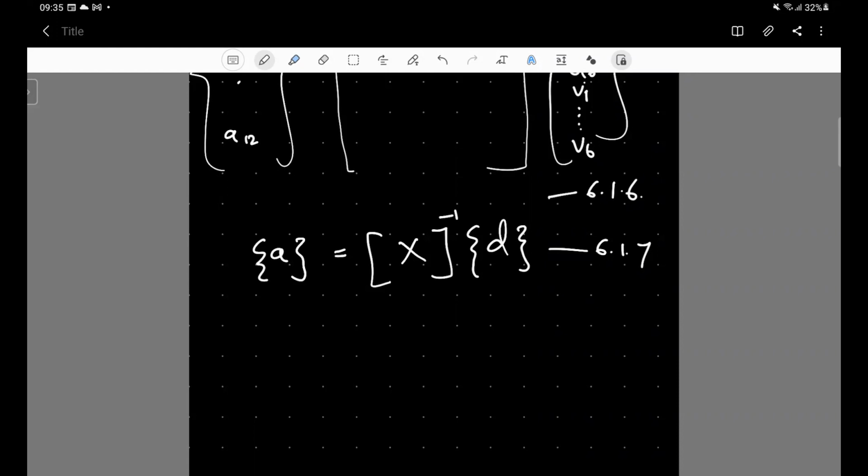So at this point, we have defined the coefficients using an inverse matrix substituted with the coordinates as well as the displacement function.